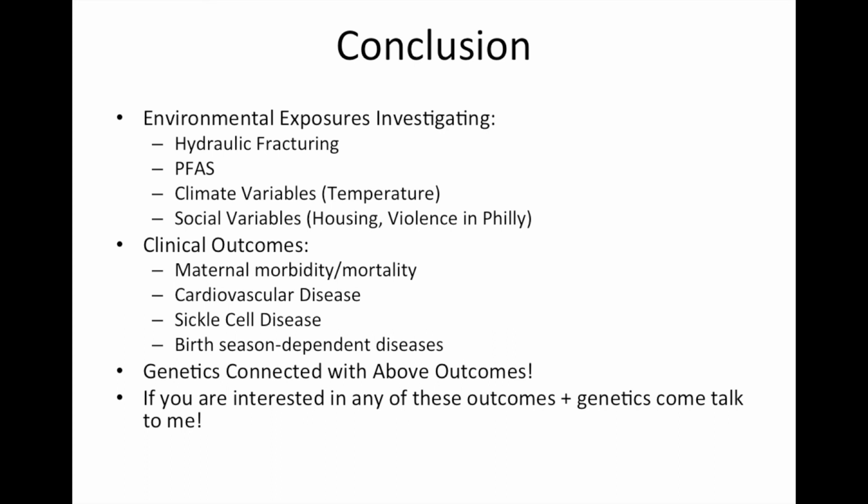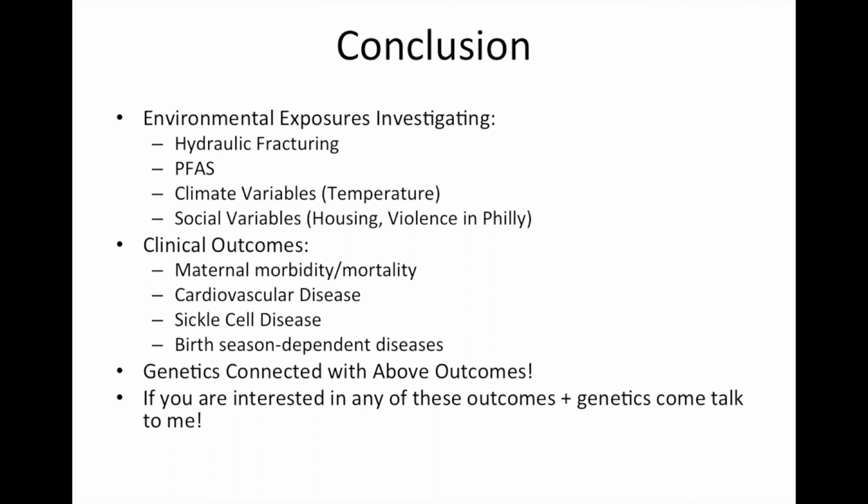In conclusion, our lab works to develop methods to understand the role of environmental exposures on maternal and fetal health outcomes. Specifically, we look at hydraulic fracturing fluid, PFAS, which is a chemical that I have not gone into during this presentation, as well as other climate variables, including temperature, and social variables such as housing and violence in Philadelphia.